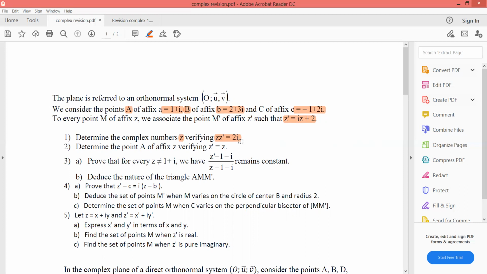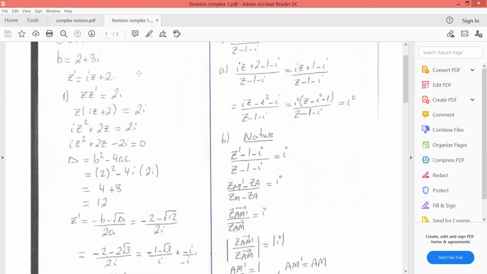Z prime equals i. We take z prime first. What do we put in place of z prime? iz plus 2. So I put iz plus 2 equal to i.